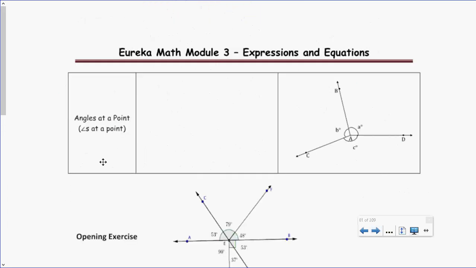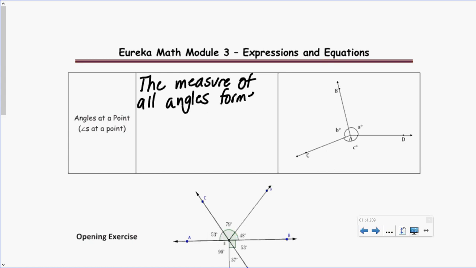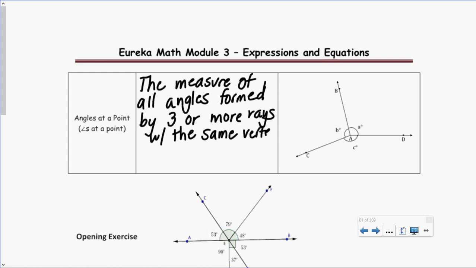For angles at a point, the measure of all angles formed by 3 or more rays with the same vertex, right there, that's the vertex, will be 360 degrees.